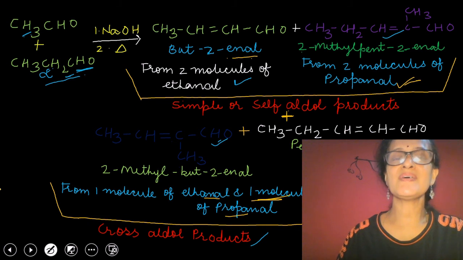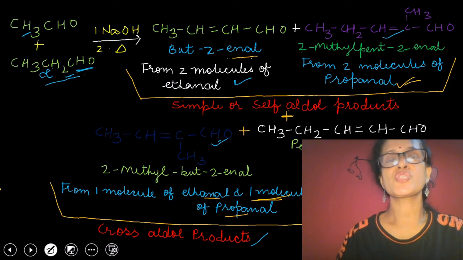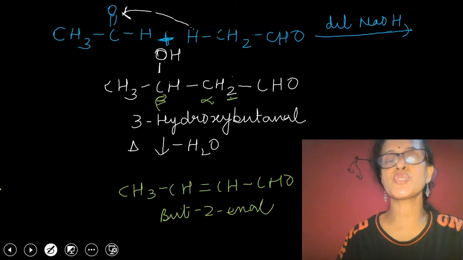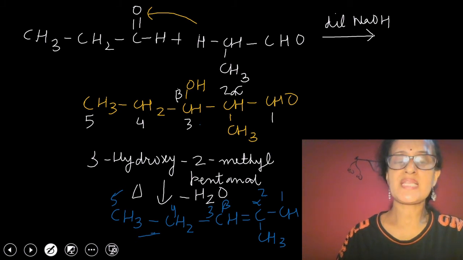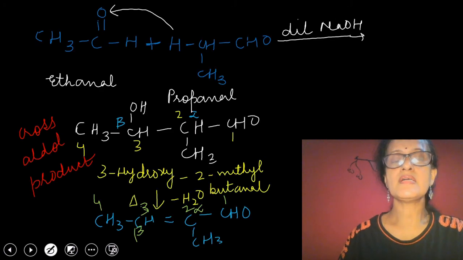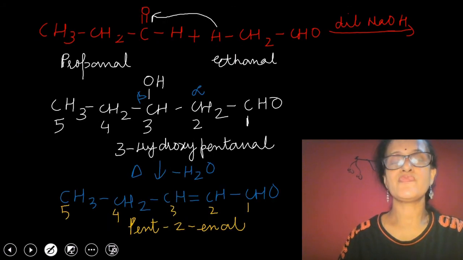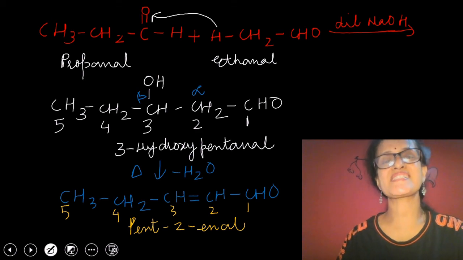I have explained in great detail how these products were formed. So the first product is but-2-enol, the second product is 2-methyl-pent-2-enol, the third is 2-methyl-but-2-enol, and the fourth product is pent-2-enol. I hope it is clear to you.